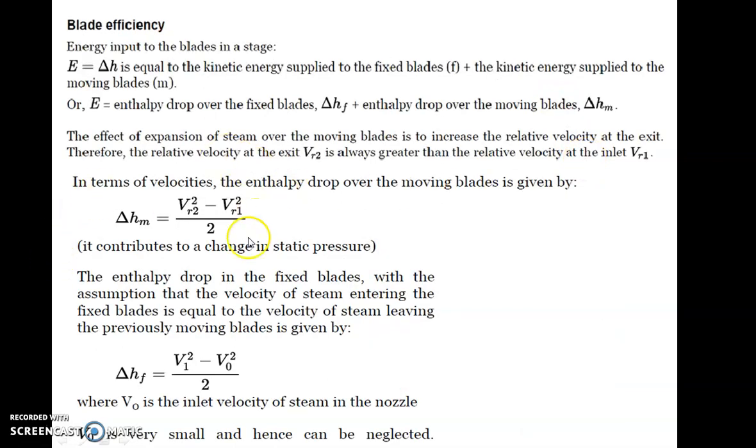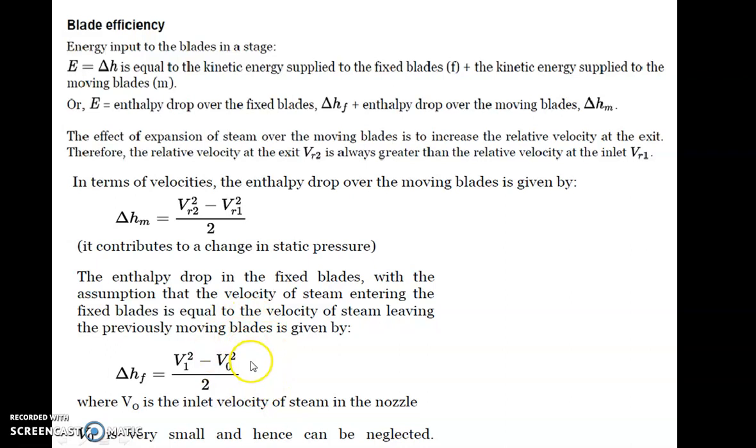So delta HM is the change across the moving blades, which is (VR2 square minus VR1 square) upon 2, and delta HF is across the fixed blades, (V1 square minus V0 square) upon 2. V0 is the velocity of steam in the nozzle, which is the incoming velocity. Generally it is neglected.